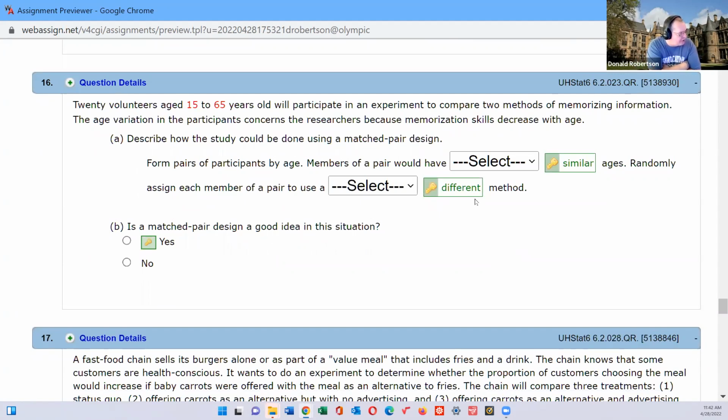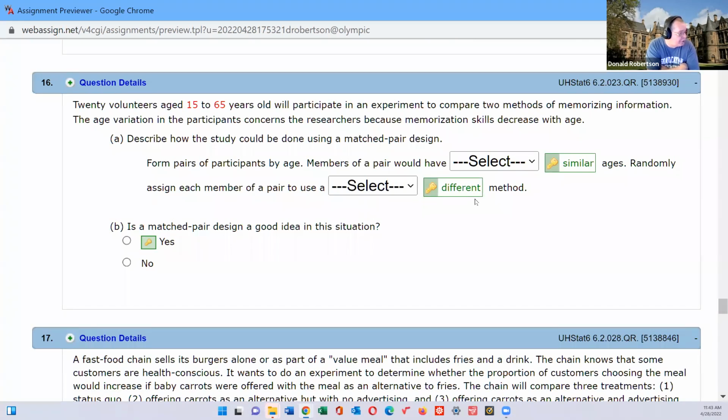20 volunteers in that age group participated in an experiment to compare two methods of memorizing information. The age variation in the participants concerned the researchers because memorizing skills will decrease with age. That's true.